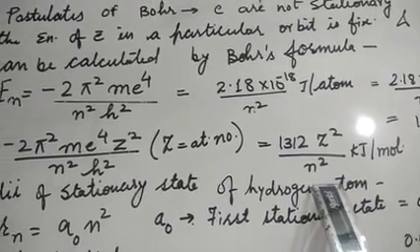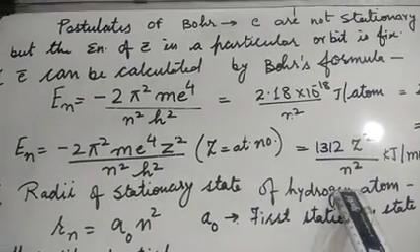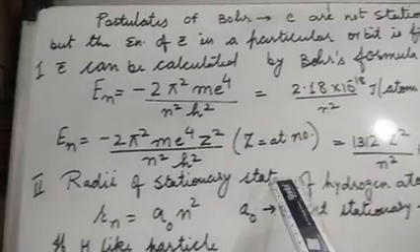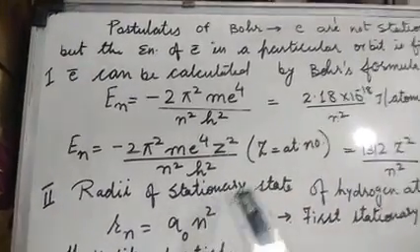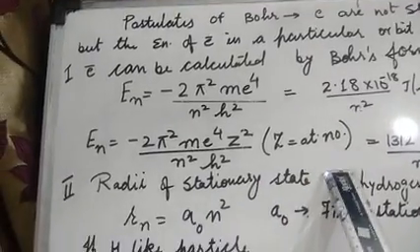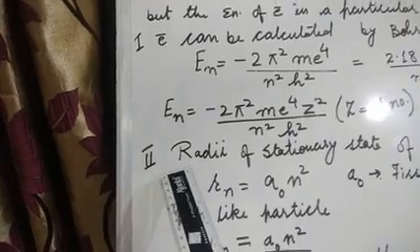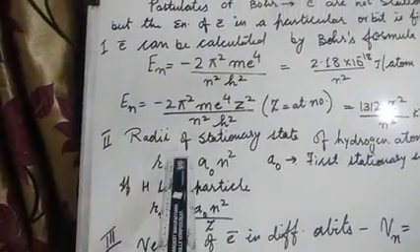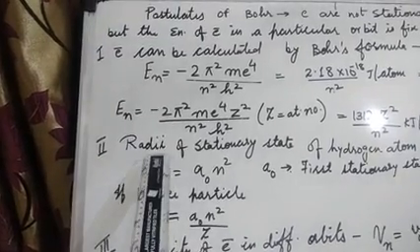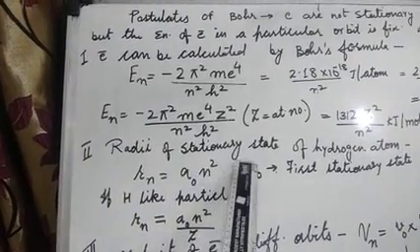Is it okay, students? So in this way, we can calculate the energy of the electron in a particular orbit in hydrogen or hydrogen-like species.